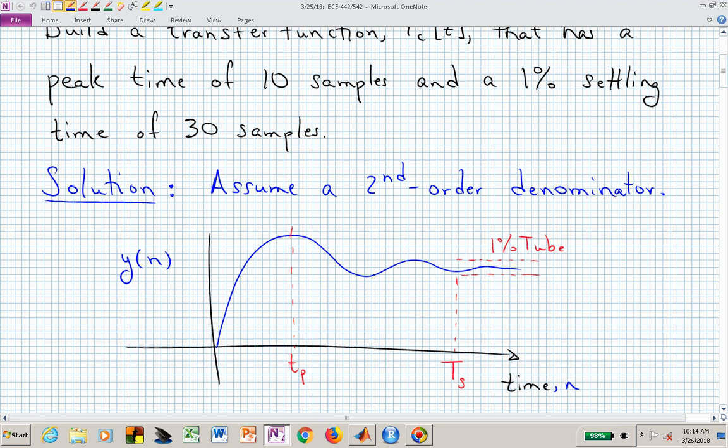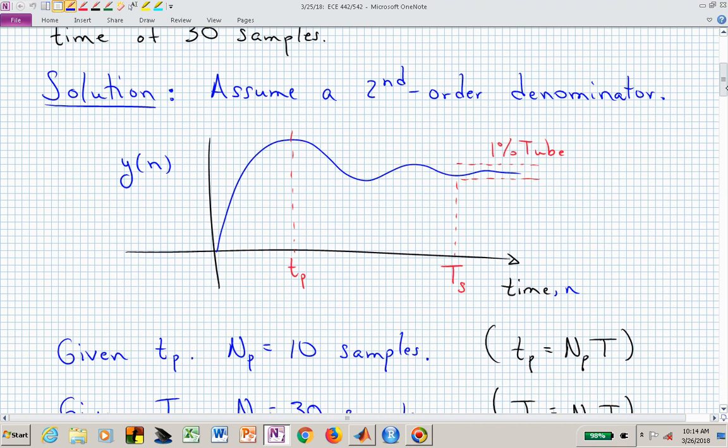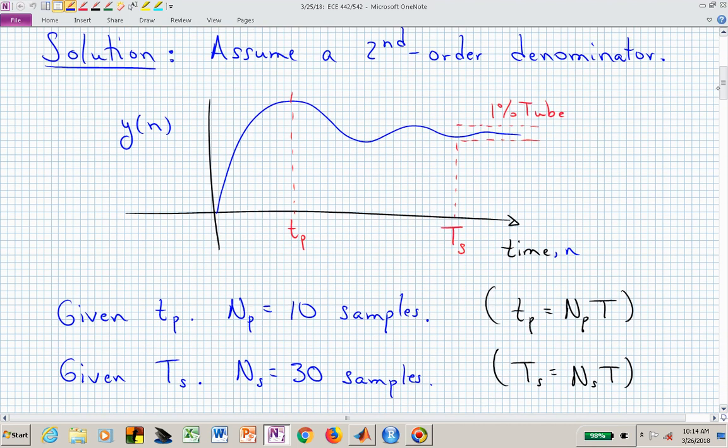We're going to assume that the transfer function, capital T sub C of Z, is a second order system. It will have two poles in the denominator to try to satisfy these design specifications.